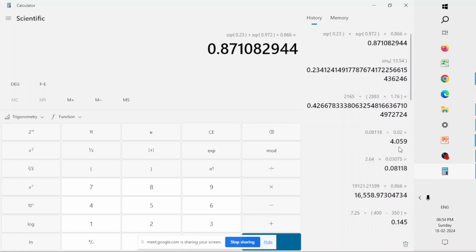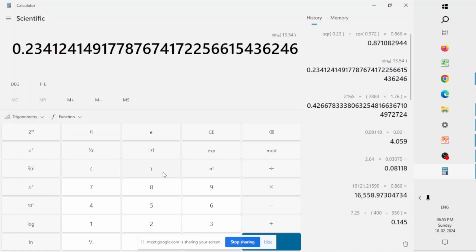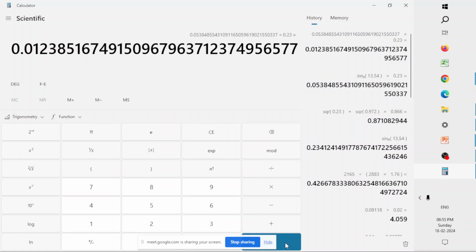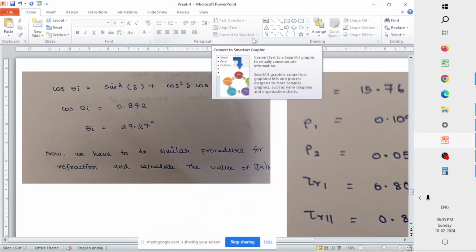This, and you actually add this with 0.871. Okay, the value will be, let me just check in my calculator.